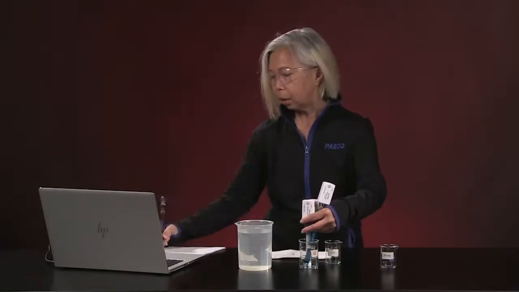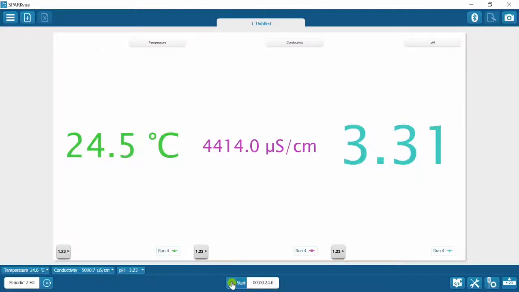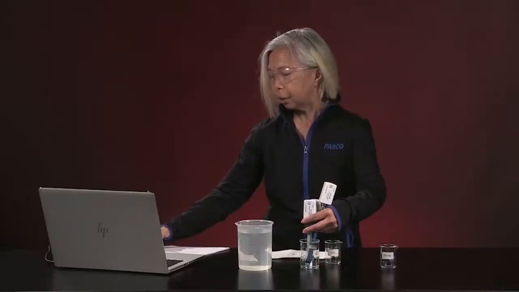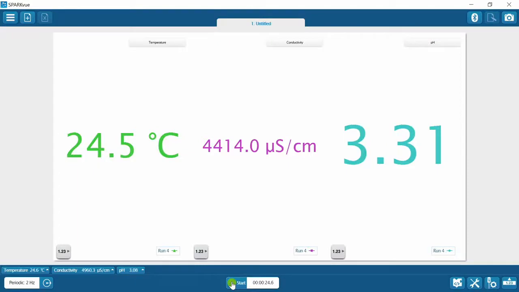Our conductivity is way down to 4,414. And our pH went from very basic to 3.31. Now you have some numbers that tell you what a chemical reaction looks like when you start making these quantitative measurements.